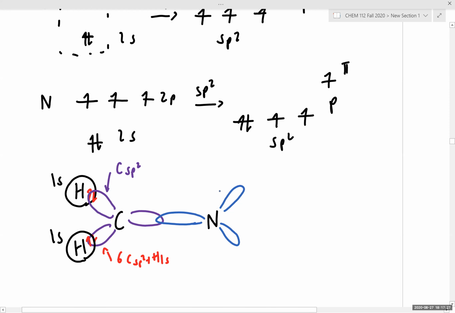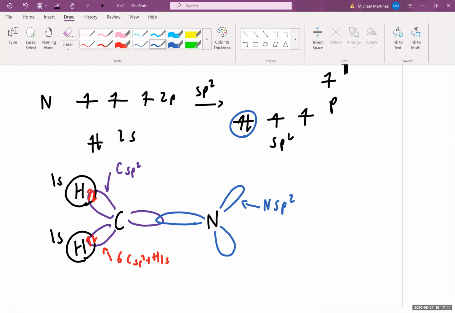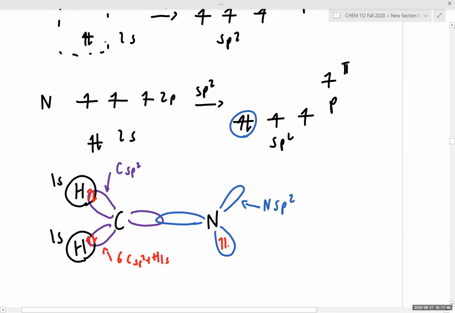So these are nitrogen sp2 orbitals. Now, one of our nitrogen sp2 orbitals is unfortunately filled with a lone pair. This is a lone pair in a nitrogen sp2 orbital.